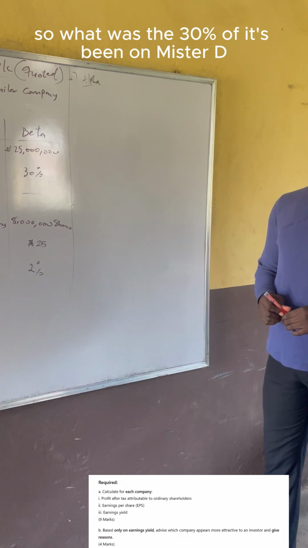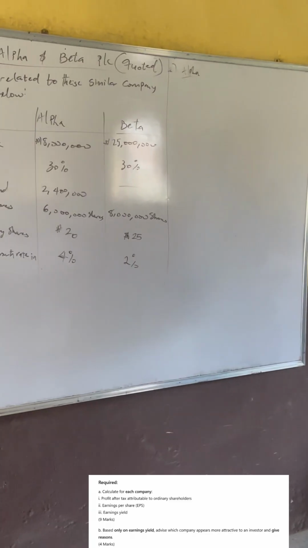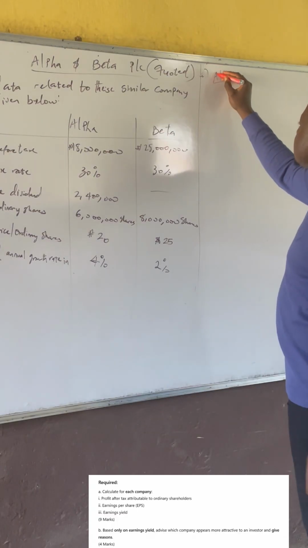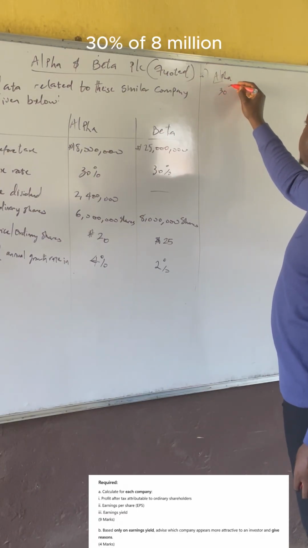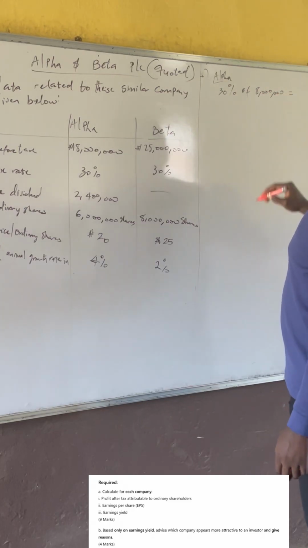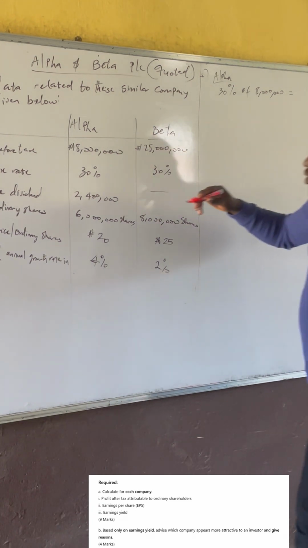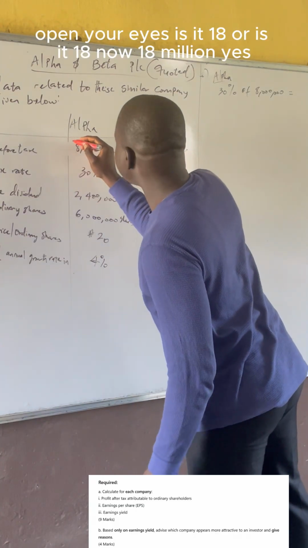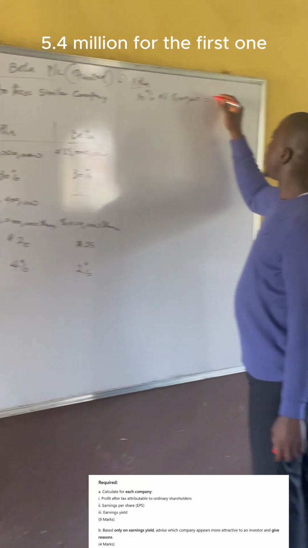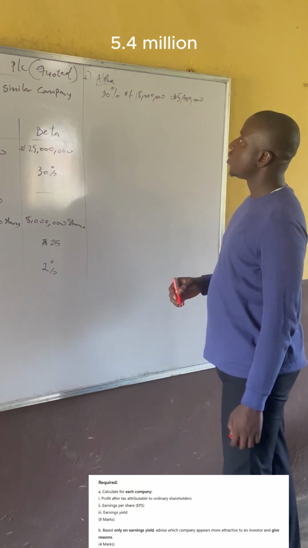What is 30% of 18 million? That is 5.4 million for Alpha.